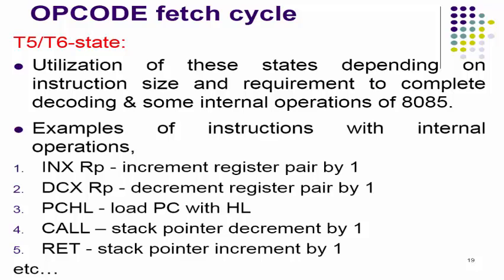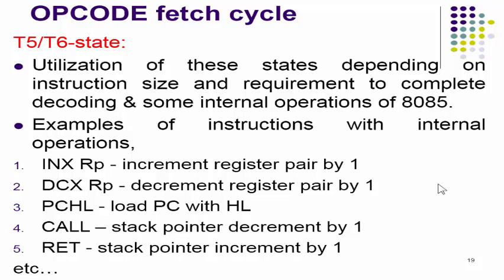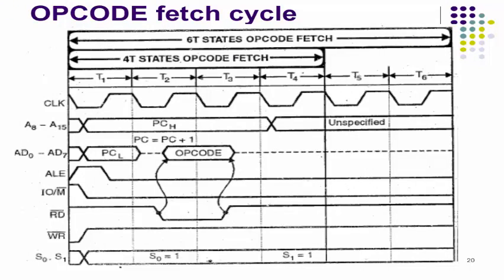Examples of instructions with internal operation: INX RP, which means increment the contents of the register pair by 1. Due to the register pair it requires internal operation. Like this, DCX decrements register pair content. Incrementation and decrementation of the register pair require more time.